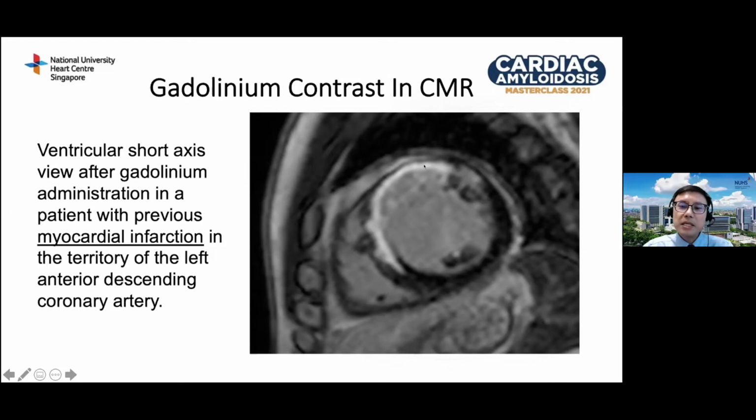So you can see that we can tell exactly where the infarcted myocardium is, and more importantly, we can measure the extent of the infarction and quantify this in terms of percentage of the myocardium that's infarcted, and also in terms of the mass, in grams, okay? Right, so this is a picture of myocardial infarction.